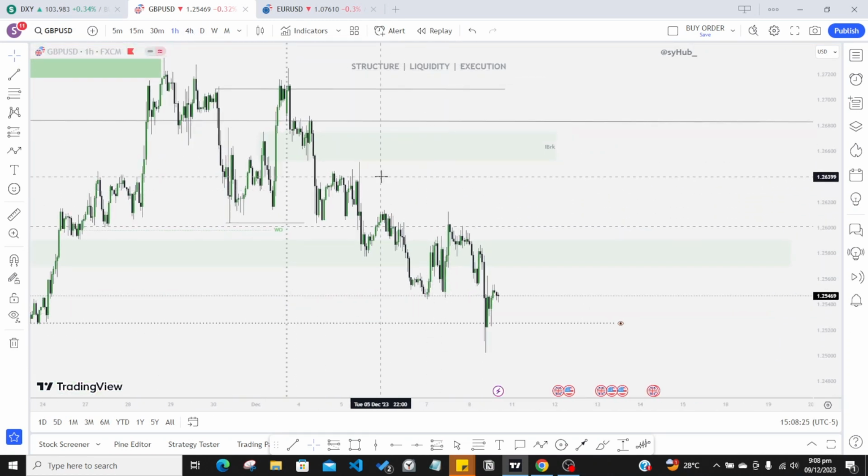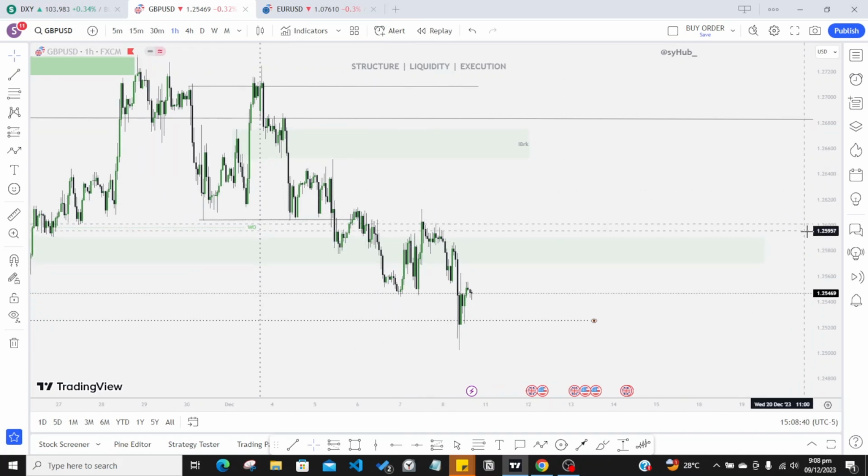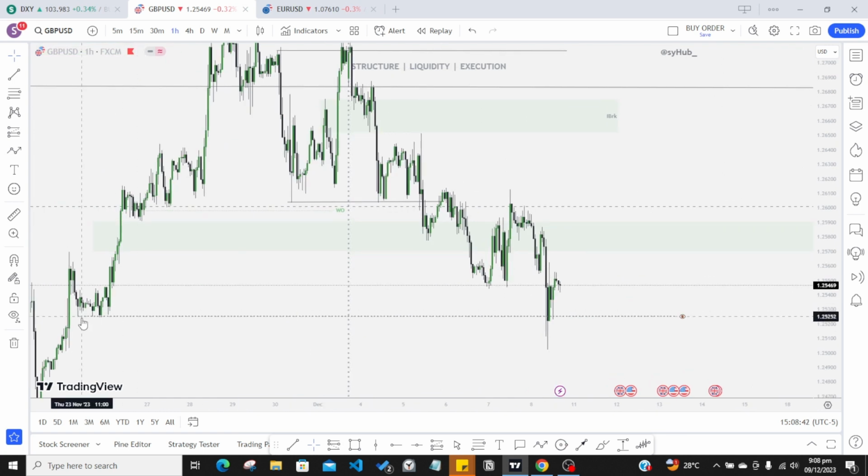So what you would have been looking for this week was sells, and you would have started looking for sells after price broke this structure to the downside and cleared liquidity here and broke this structure to the downside. So you now know you are on a bearish trend and you are aiming for ultimately this liquidity here.